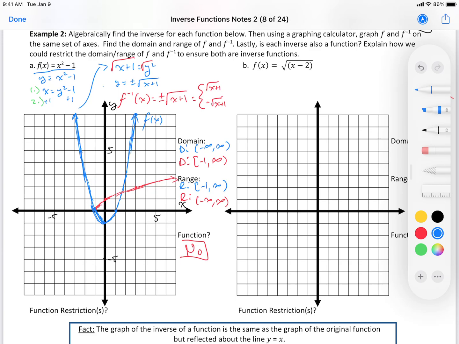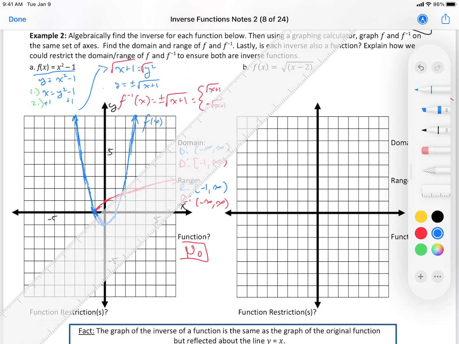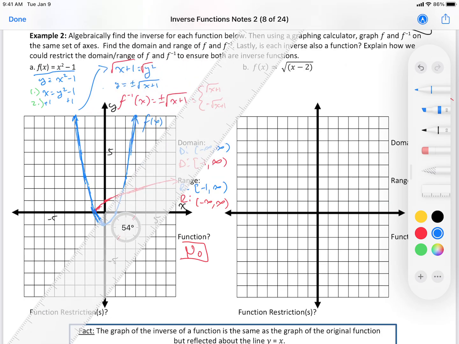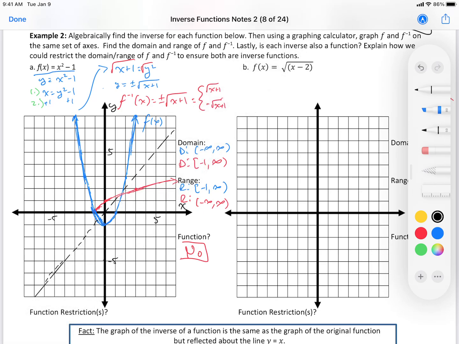Because remember, in order for something to be an inverse, they have to reflect along the line y equals x. And they don't, it's not a perfect reflection. So, what could I do to the original function?